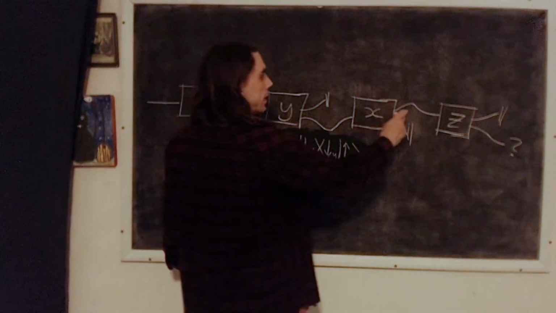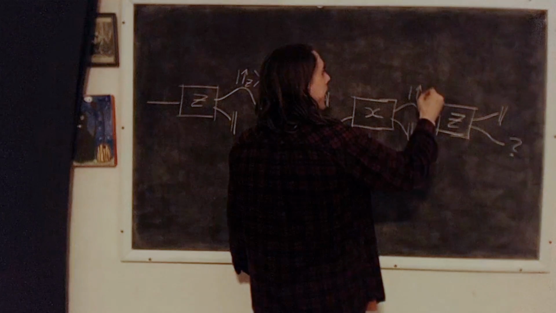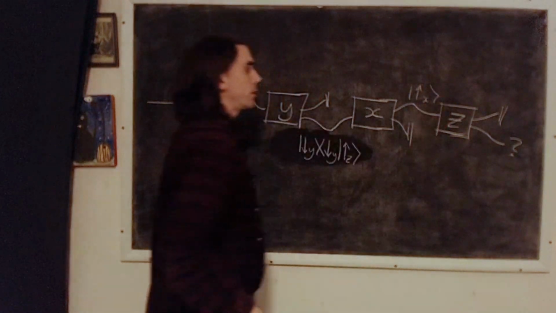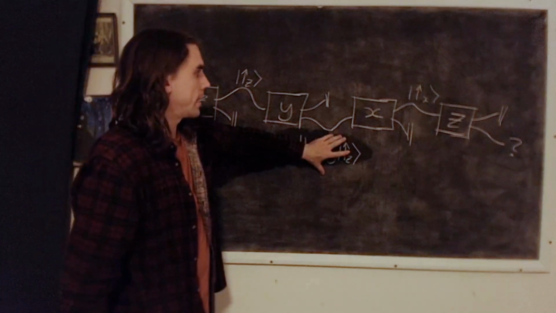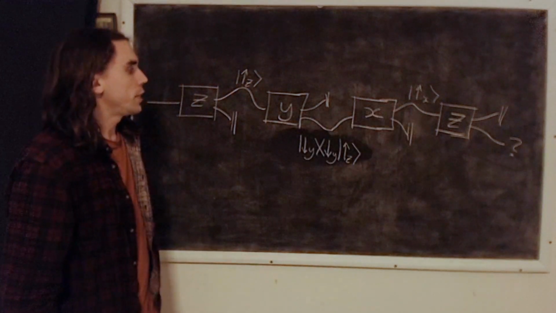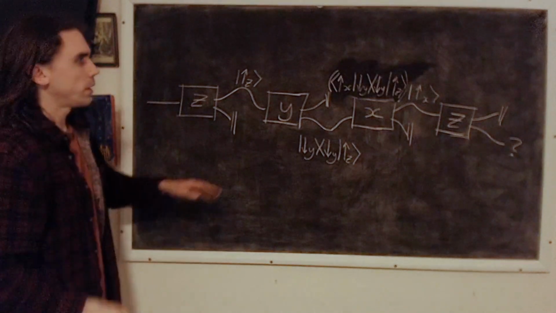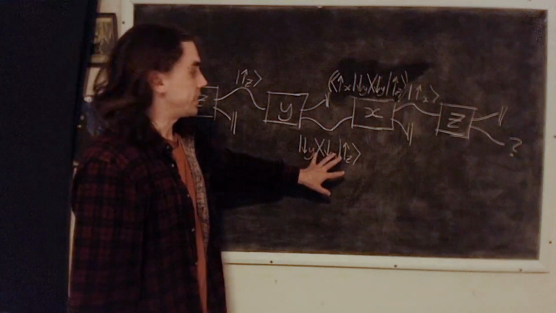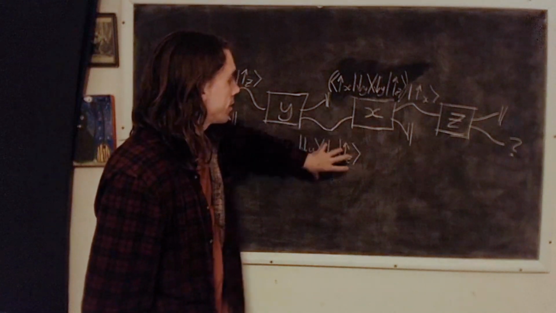Okay, over here, it's going to be in the state up in x, but what's the amplitude for it being in that state? Well, this was the ingoing state, and that's the outgoing state, so we know that our amplitude is going to be as follows. So it's getting a bit complicated, but all it is is this previous state here. This is the initial state as far as this is concerned.